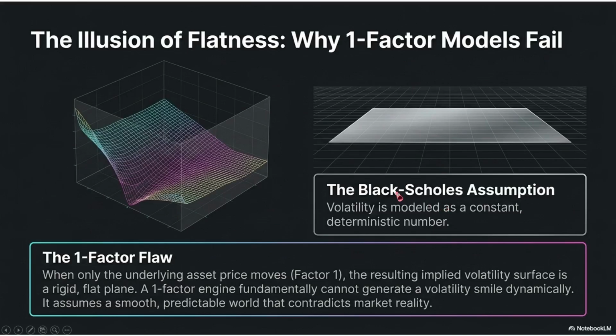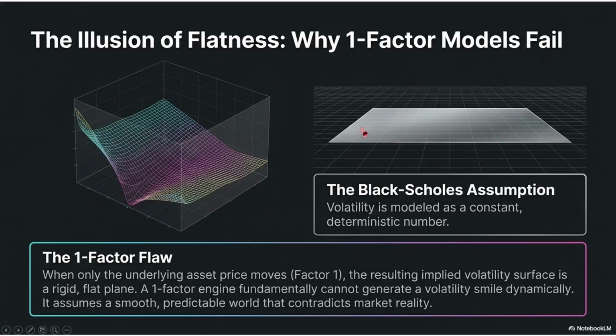So, this leads us to the illusion of flatness and why the one-factor models fail. The classic Black-Scholes assumption models volatility as a constant. They consider it as a deterministic number represented visually by a flat plane.